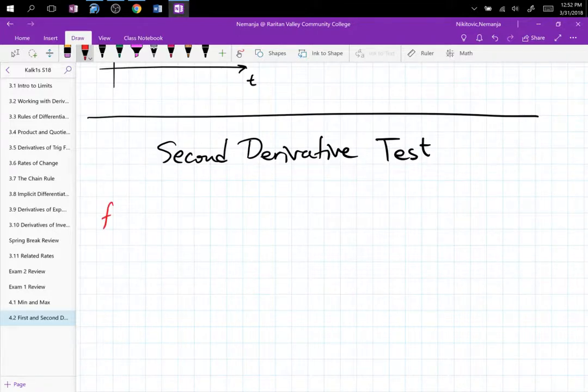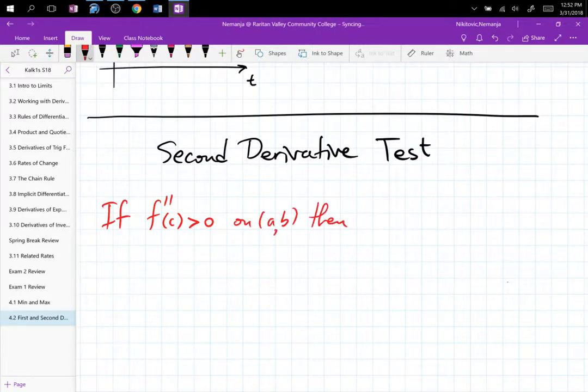So if the second derivative computed at point C, which is the test point, is larger than 0 on interval AB, that's the partitioning, then f of x is concave up on AB.